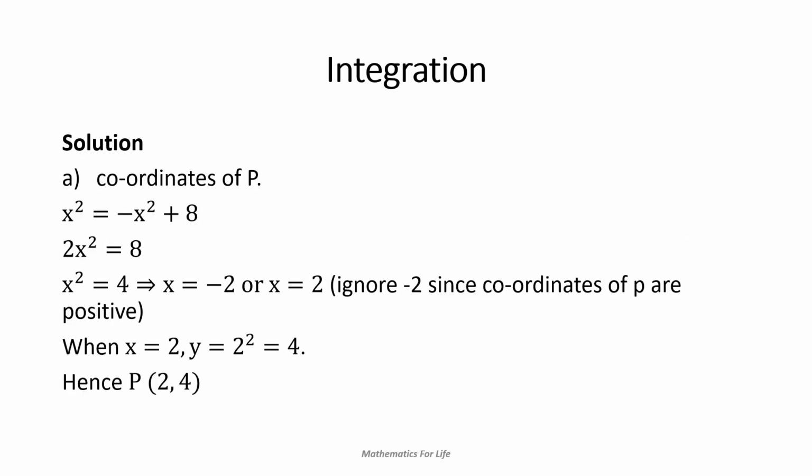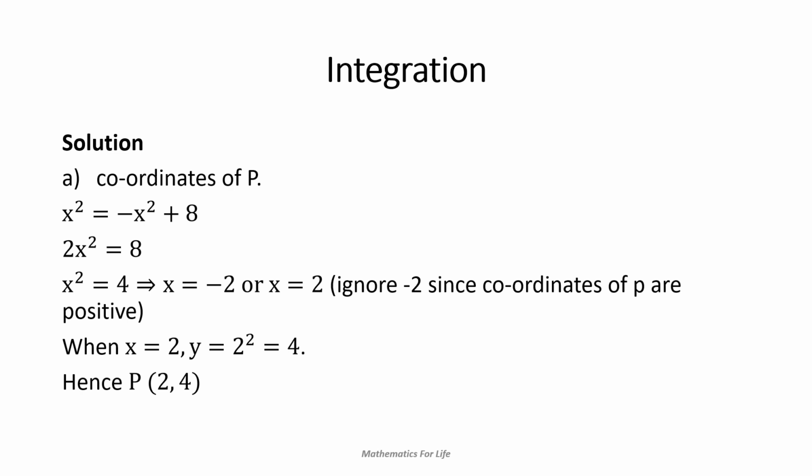To find the coordinates of the point P, we note that at the point of intersection, the two equations will be equal, and therefore we equate them, which will give us x squared equals minus x squared plus 8. And we therefore solve for the value of x, and that is going to give us x being equal to negative 2 or x equals positive 2.